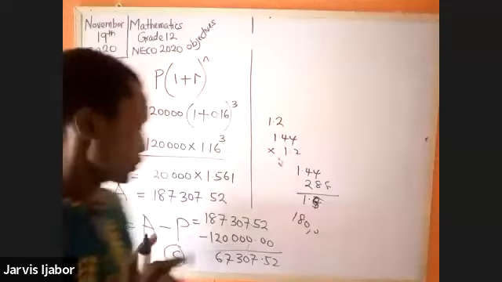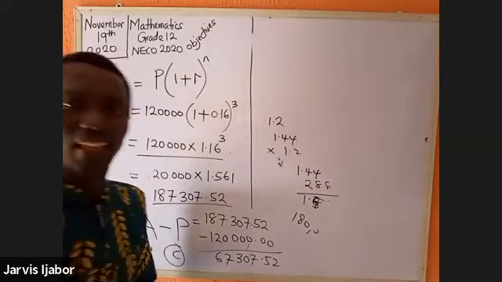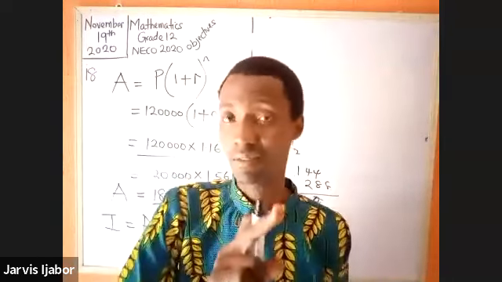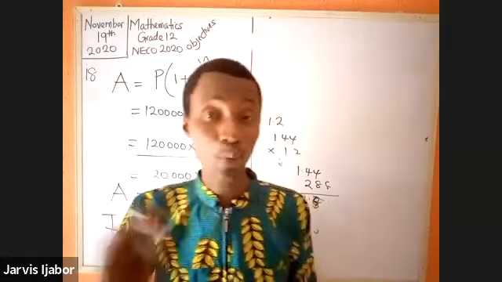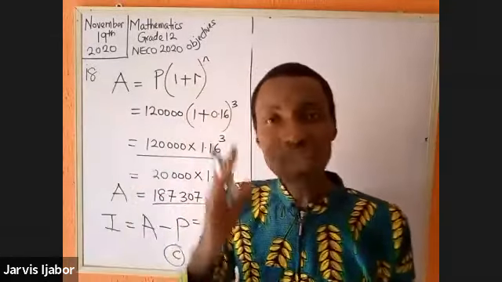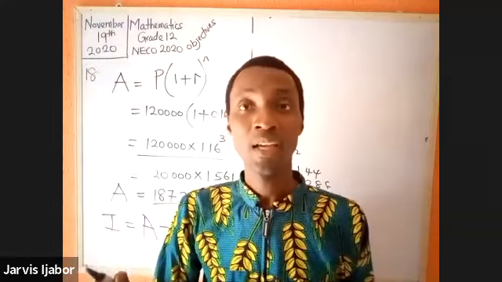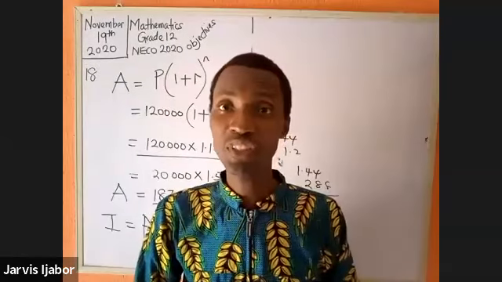Now be very careful. You discover that this answer is also in the options. You were not asked to look for the amount. You were asked to look for the interest. So be careful. When it comes to commercial arithmetic, you really must read your questions very, very well. Know when you have to look for the amount and know when you have to look for the interest.